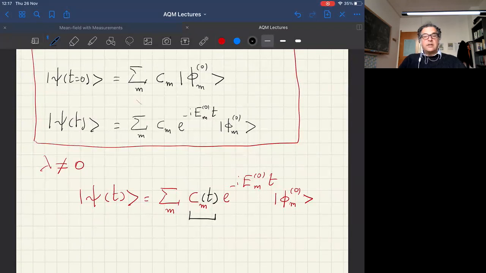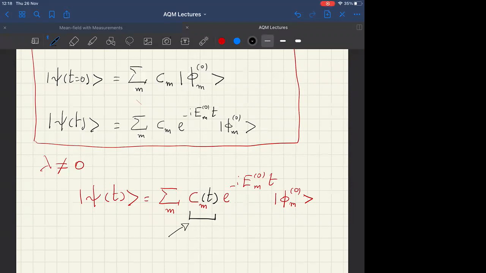This is just the most general expansion that you can do for a wave function, okay? Because the problem goes into the determination of C through some differential equation.